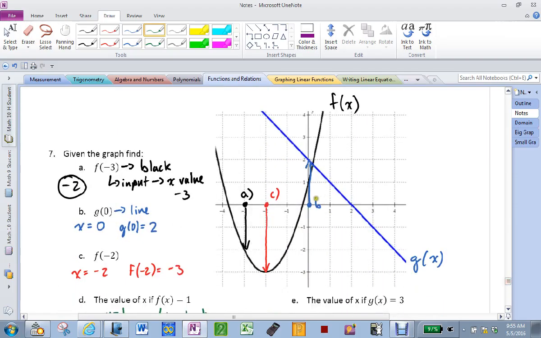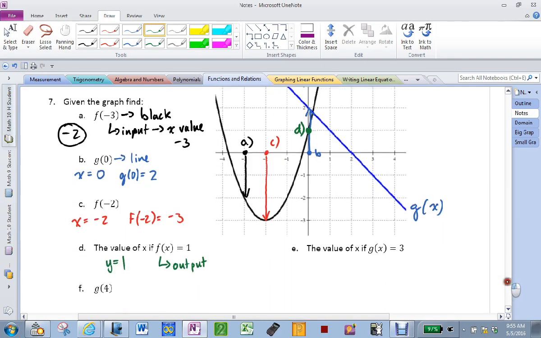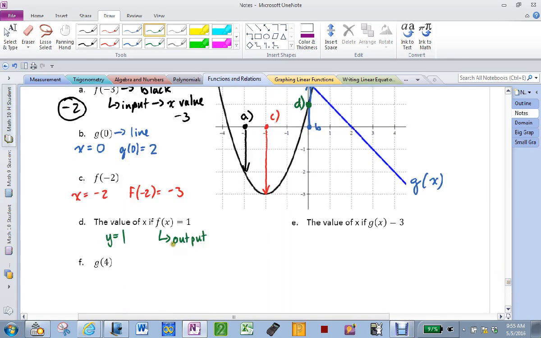Now, do I go to the x-axis or the y-axis? The y-axis, right there. There's D. What's my x value? 0. Because it didn't move at all on the x-axis. Everybody cool?